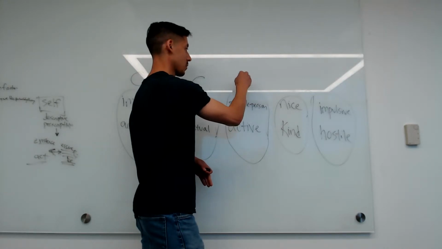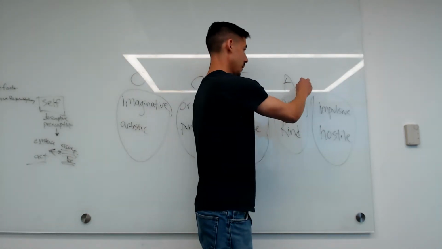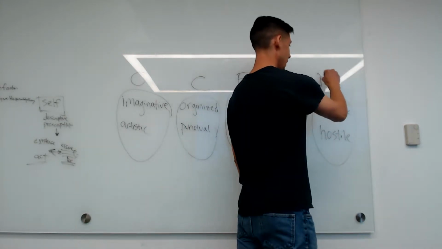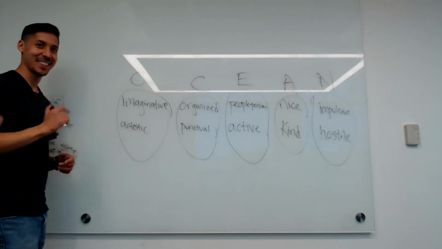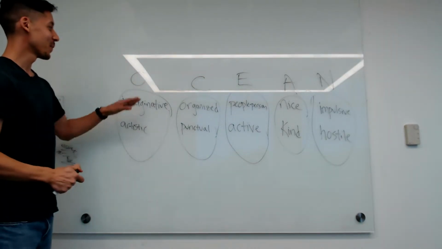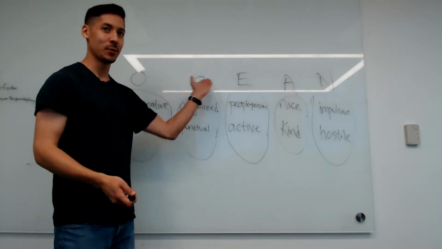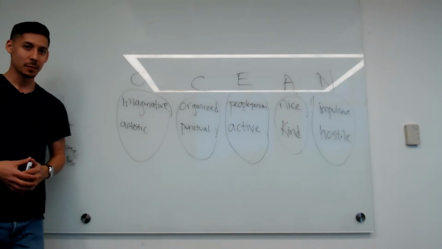So this is the trait of extroversion. Nice and kind people are agreeable, and impulsive, hostile, angry people are neurotic, with an N, neurotic, not erotic. So here's the mnemonic: OCEAN, right?